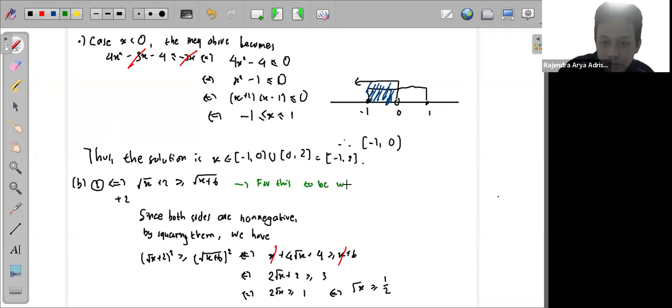For this to be well defined, we must have the inside of the square root non-negative. For this expression here to be well defined, both of these must be met.